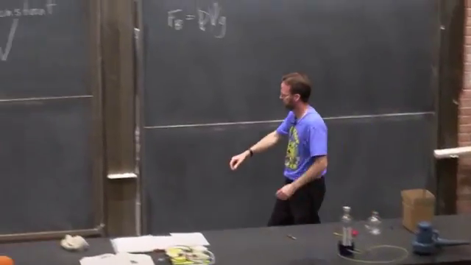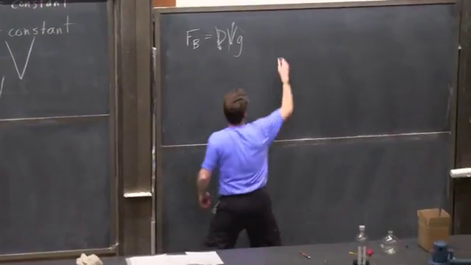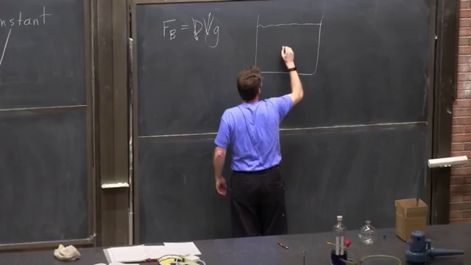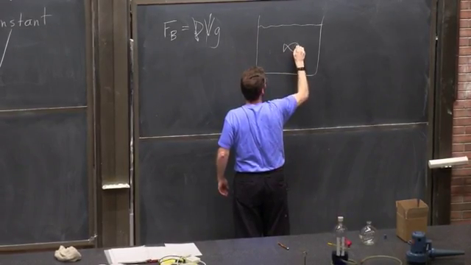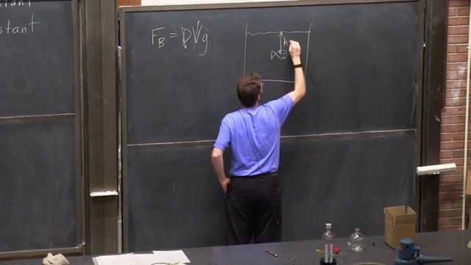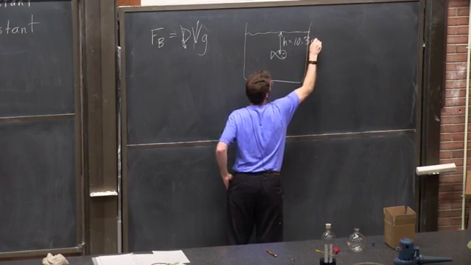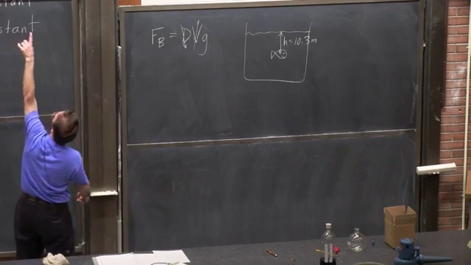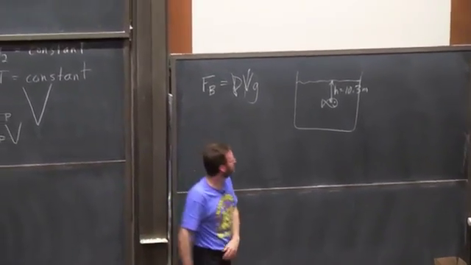I'll draw a picture. It helps me anyway. So if you're underwater, here, we'll just do a fish. If this is about 10.3 meters, that's because I remember what it is exactly, 405.5 inches of water.